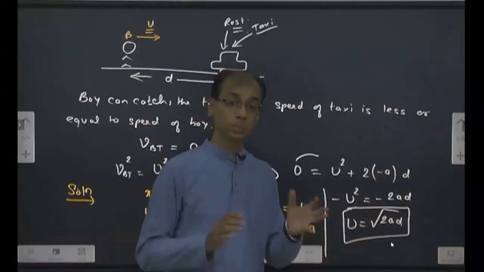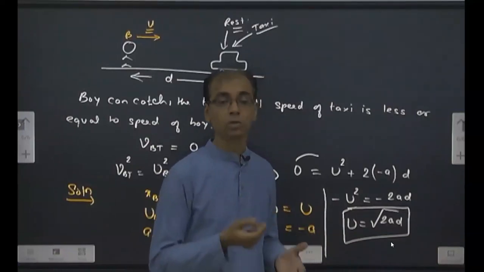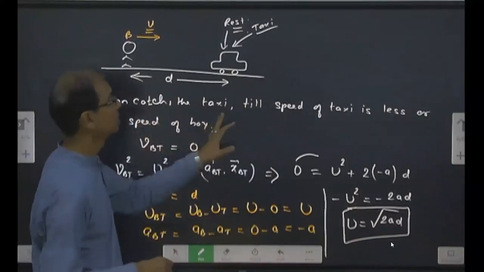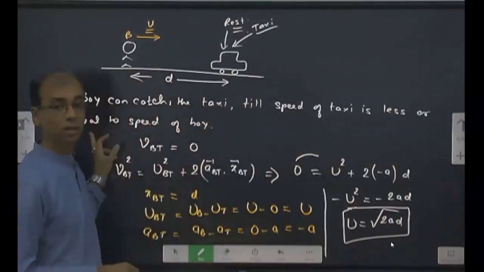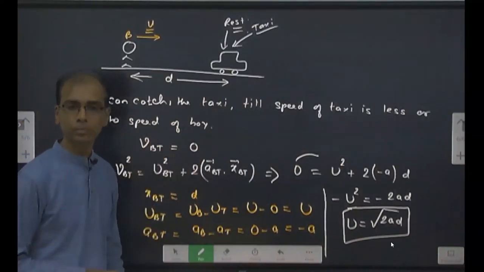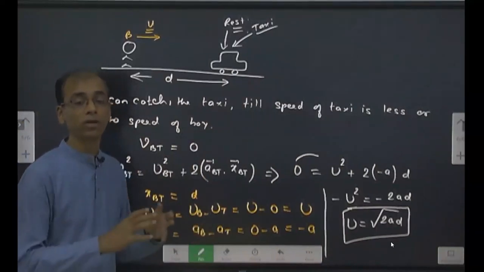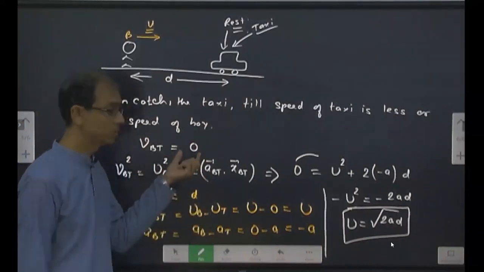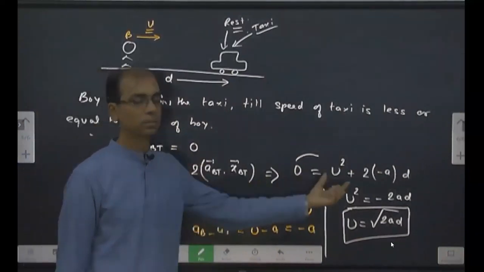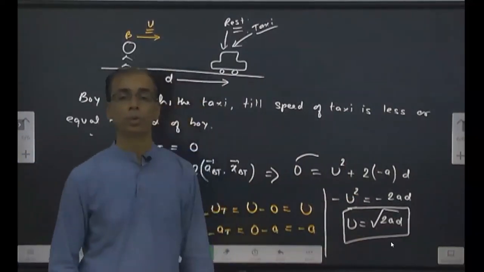He asked what is the speed with which he should run so that he can catch the taxi. So what is the clue? Boy can catch the taxi till speed of taxi is less or equal to speed of the boy. When it becomes equal, velocity of boy with respect to taxi becomes 0. And with that, we solved the third equation of kinematics and we got u equal to root over 2ad.